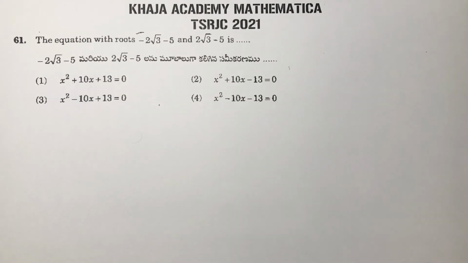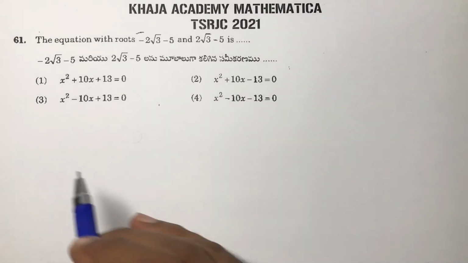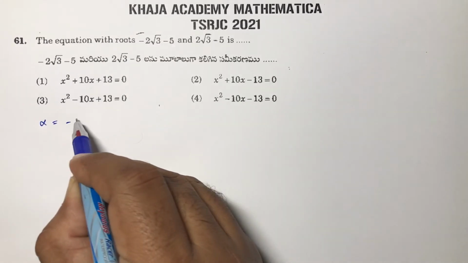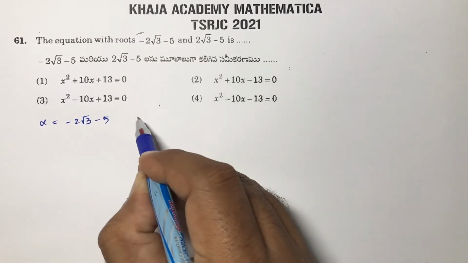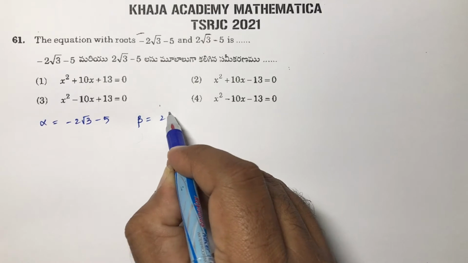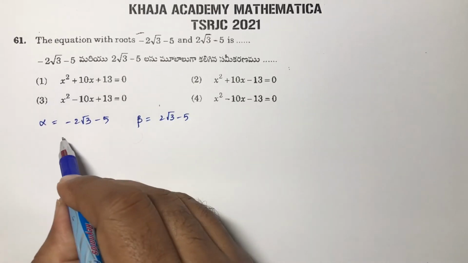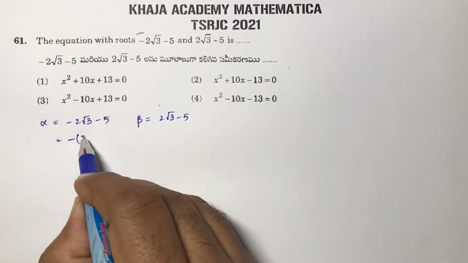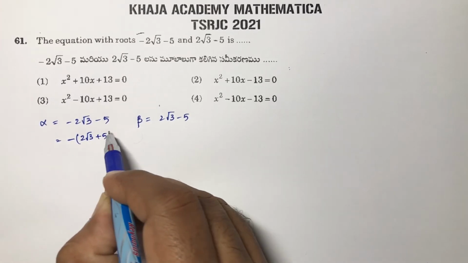The equation with roots minus 2 root 3 minus 5 and 2 root 3 minus 5. So alpha is minus 2 root 3 minus 5 and beta is 2 root 3 minus 5. So this alpha you can write as minus of (2 root 3 plus 5) also.